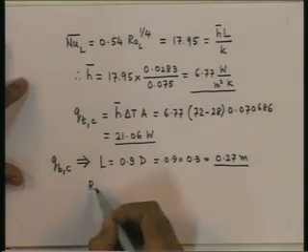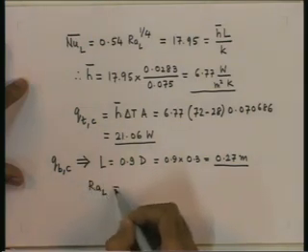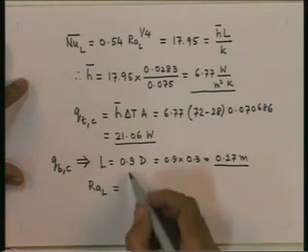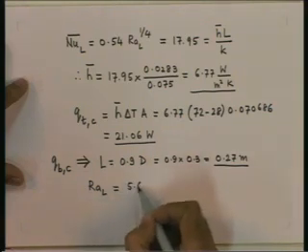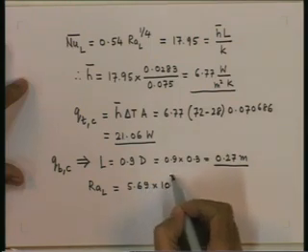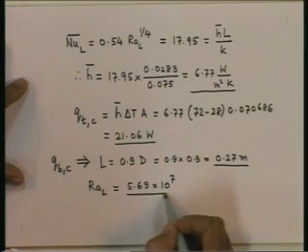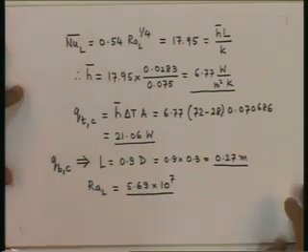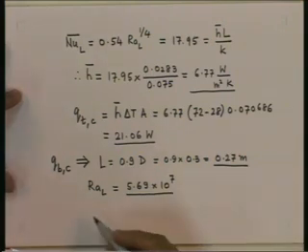This gives us a Rayleigh number to be 5.69 into 10 raised to 7. It is different because the characteristic length is different. All other components of the Rayleigh number remain the same.